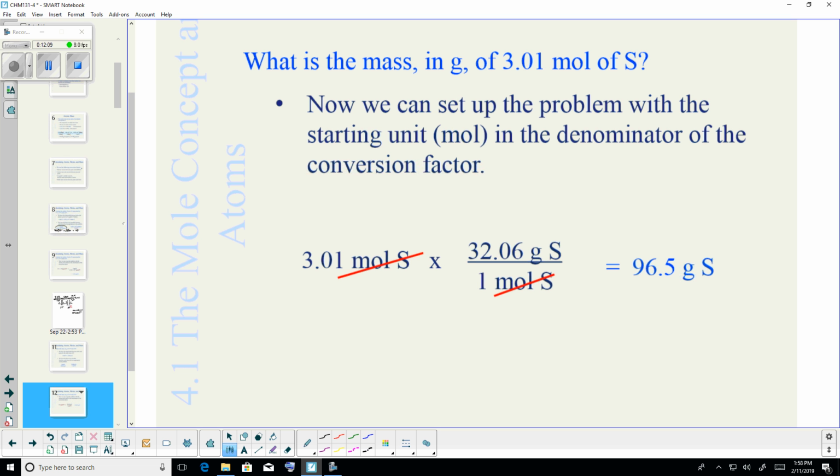And over here on the board, I'm going to reconstruct. We went from moles of A to grams of A. How did we do that? We multiplied by the molar mass. So to go in that direction, we multiply by the molar mass.